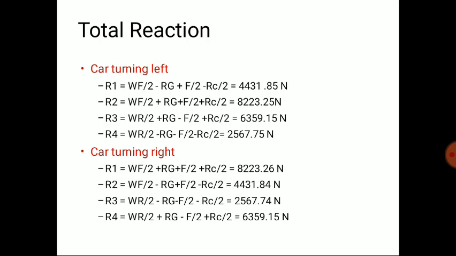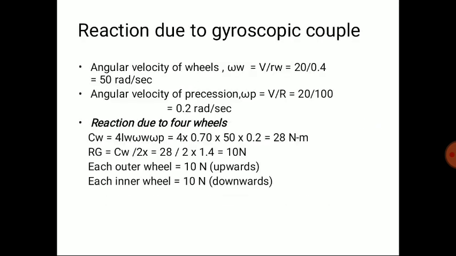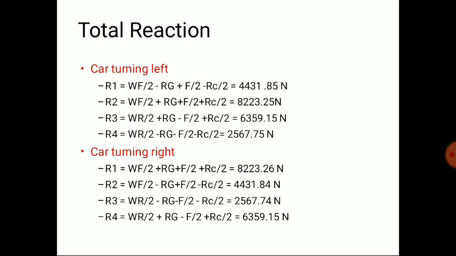So consider summarizing the total reaction. When we are taking a left turn, R1, the reaction on the front wheel, the weight term, will be upward. RG is the effect due to the gyroscopic effect. RG will be negative, because on the inner wheel it is downward, so it is given negative.